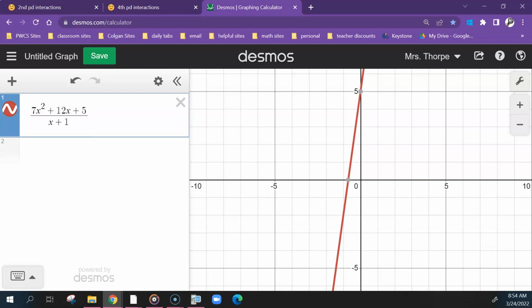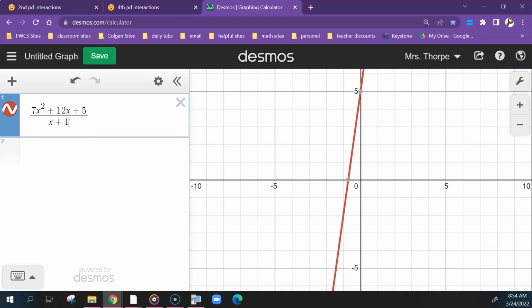If you put this in, it's going to give you a line, because you're taking this quadratic function, which again you don't really know much about, something that's squared, and dividing it by something that's linear. You're going to end up with something linear.